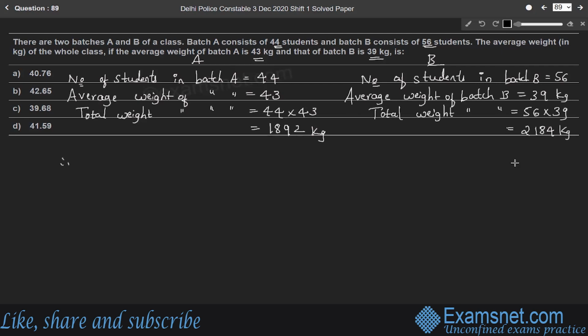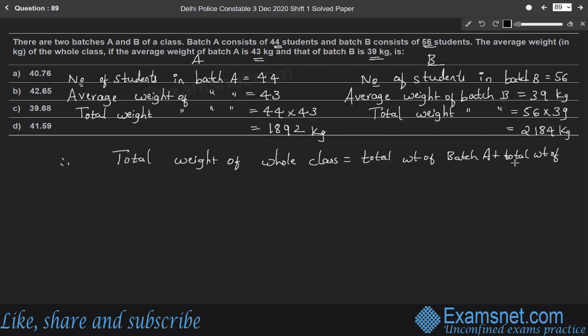Therefore, what is the total weight of the whole class? Total weight of the whole class is equal to total weight of batch A plus total weight of batch B, right?